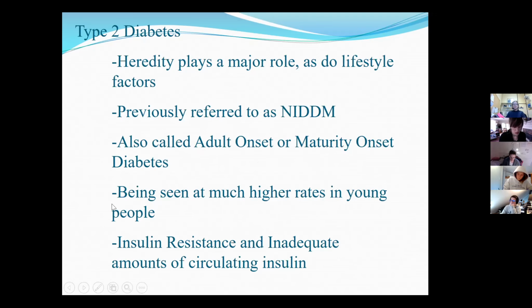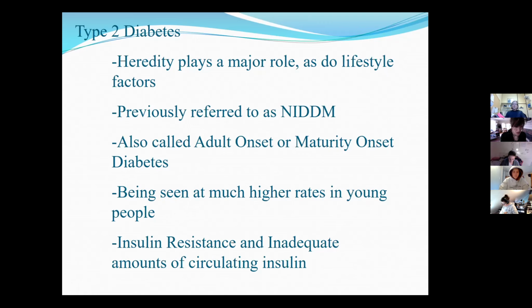And when we see it in very young people, it's usually a combination of genetic predisposition. There are certain ethnic groups that have higher rates based on genetics. But the other part of type 2 diabetes occurring in young people, usually there is obesity involved as well. It almost always is a combination of those two things.